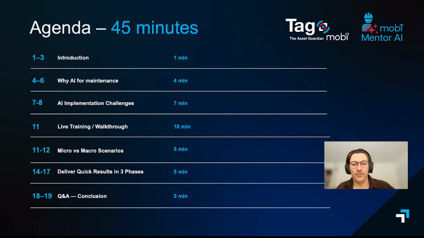My goal at the end of today's webinar is that you have a starting point to start dabbling with our mobiMentor AI on your current Mobi environment. We'll take a look at the different scenarios that we have, and then I have a bit of a recipe, so how to deliver quick results in 3 phases.